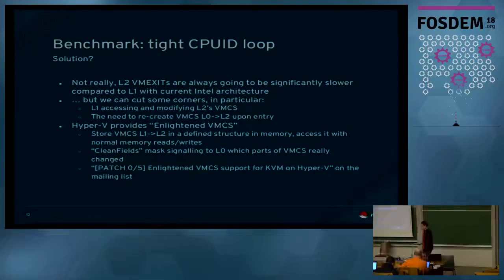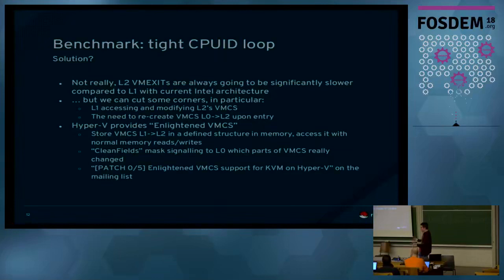But we can still do better, and the Microsoft folks have a publicly available spec. You can download it. It's a PDF which describes all the features I'm talking about. So they created a feature called enlightened VMCS. The feature means that level 0 and level 1 will communicate through a well-defined structure in memory.